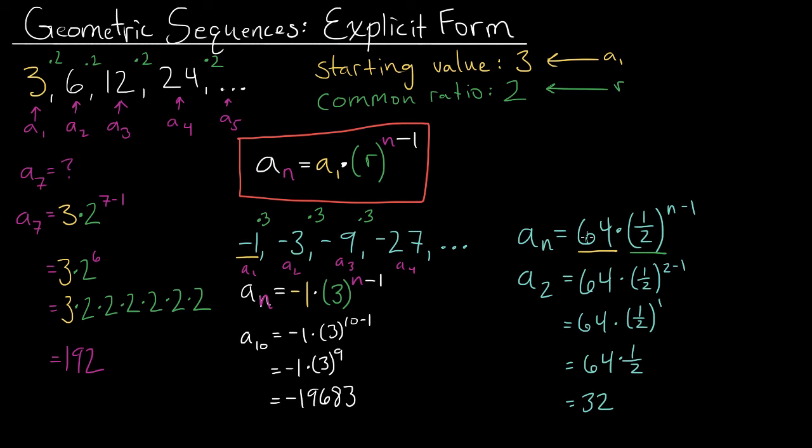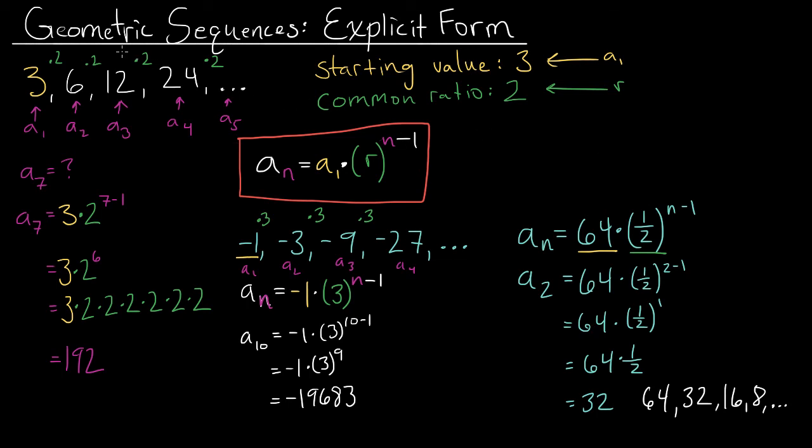We know that the first term is 64. We know that the second term, or a sub 2, is 32. And we're halving at each step, and so half of 32 is 16. Half of 16 is 8, and so on. It continues from there. You might recognize this sort of pattern from our unit on exponential decay.